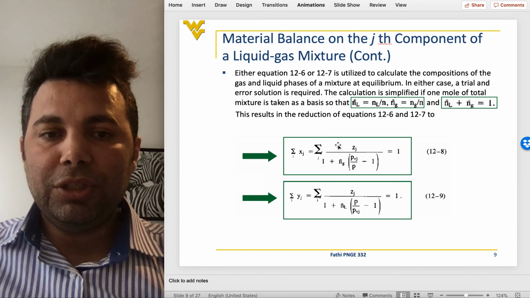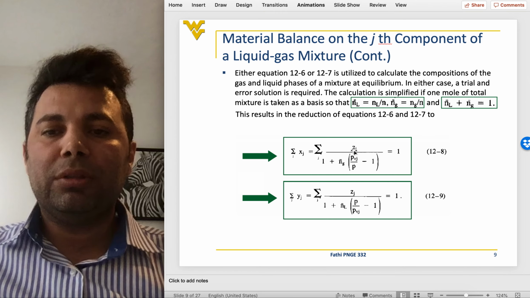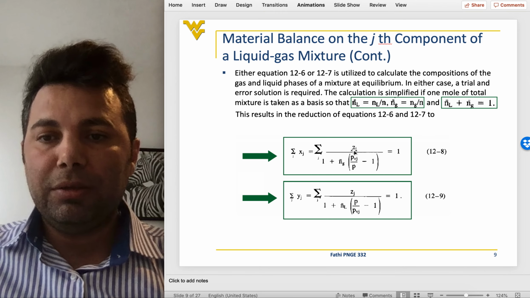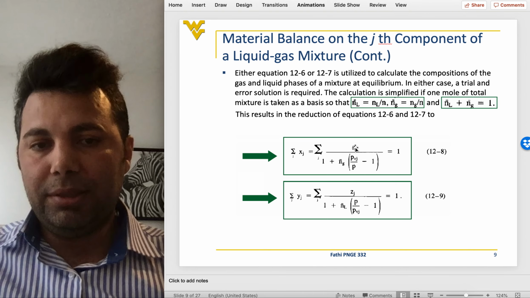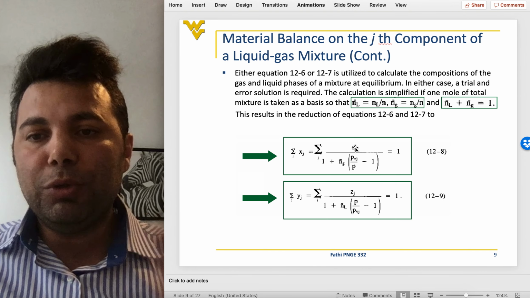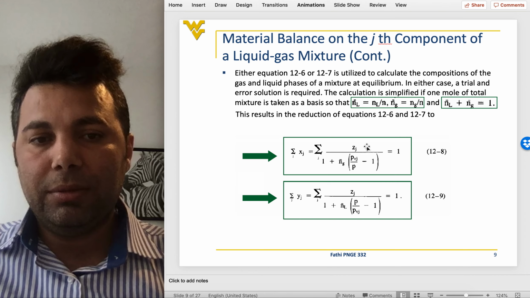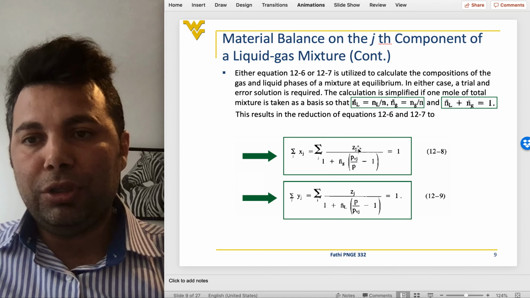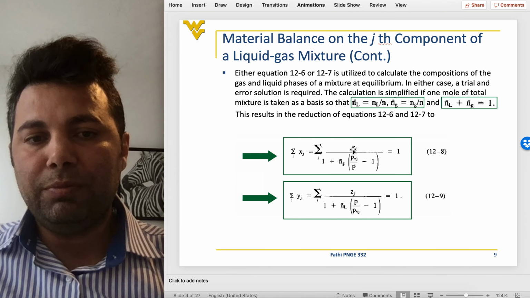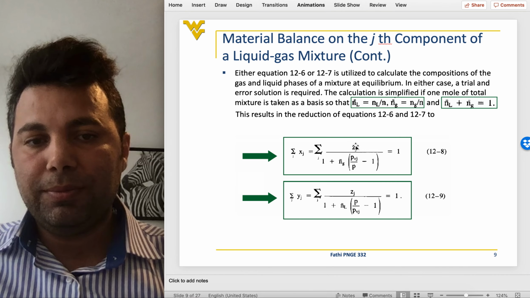In that equation, the Zj, the composition of the mixture, should be given. So I know what components are mixed. I just don't know how much of which component went to the gas or liquid, or what the composition of gas and liquid is. So I know the composition of the mixture, and this is given by the question.